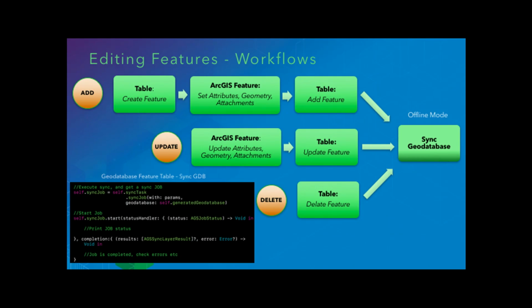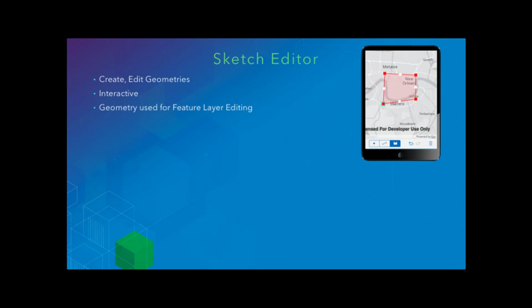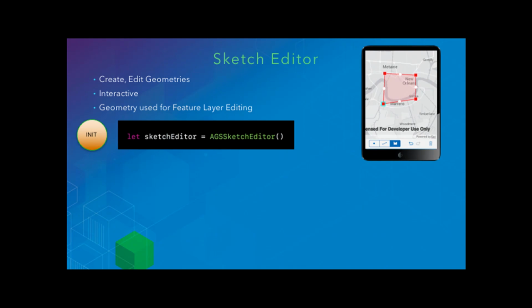So that's editing. But you would notice that all this, I've just shown code. The SDK also provides other classes and tools that can help you with interactive editing. Let's quickly look at a couple of them. The first one is a sketch editor. Divesh already showed a demo of it. So it basically allows your users to create and edit geometries as you go.